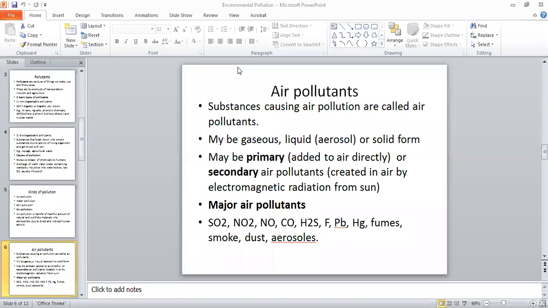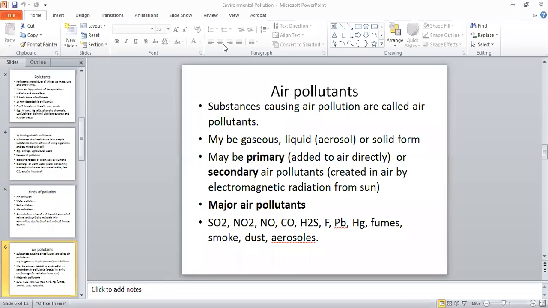These air pollutants may be primary in nature. They are said to be primary air pollutants if they are added to the air directly. Or they may be secondary air pollutants if the primary air pollutants further react in the air in the presence of electromagnetic radiations from the sun, and form certain other substances.